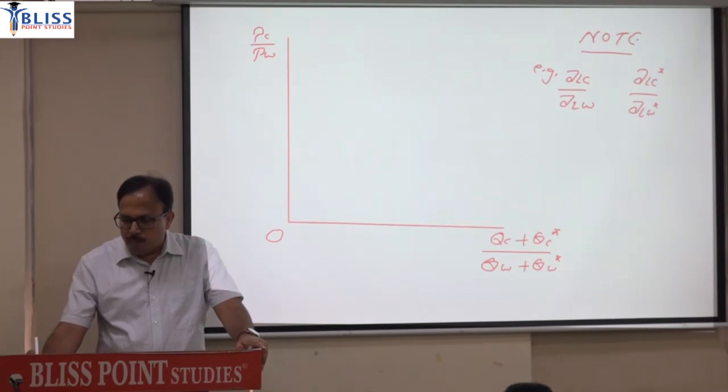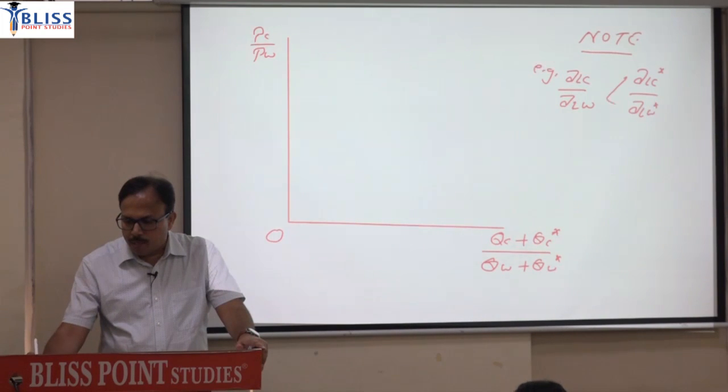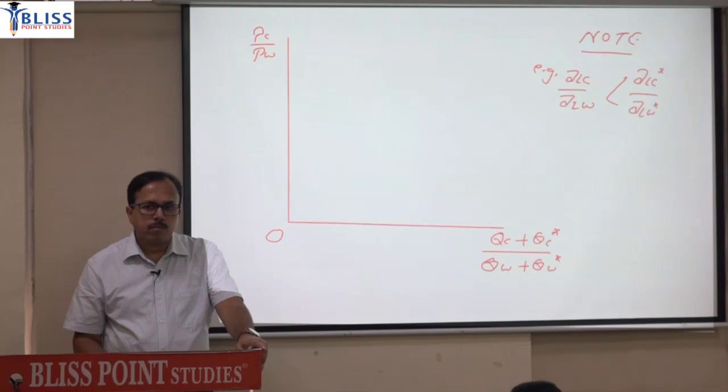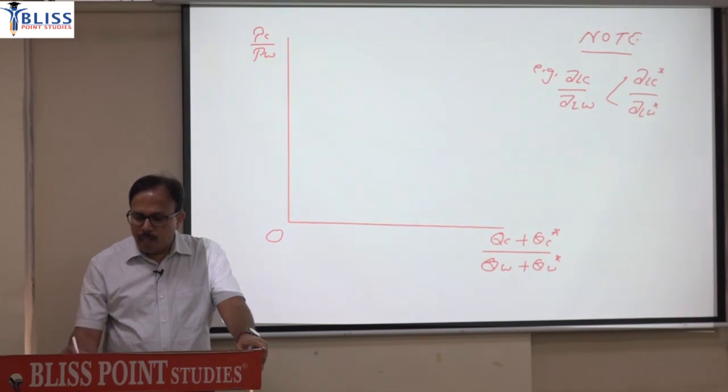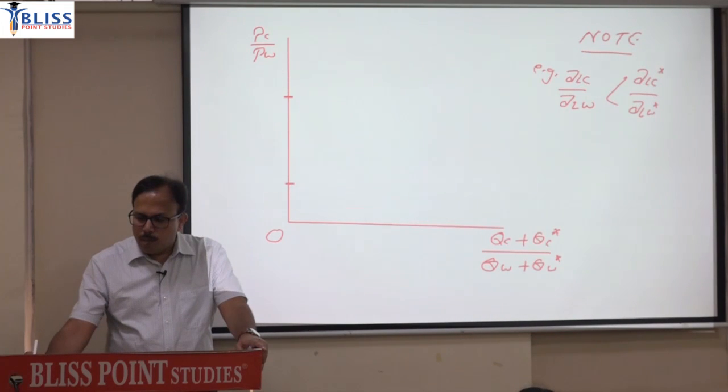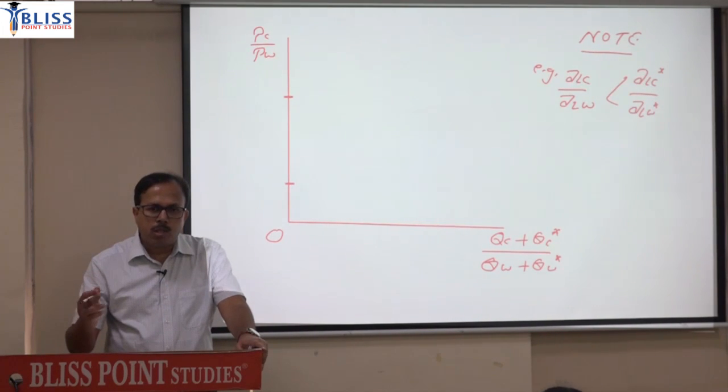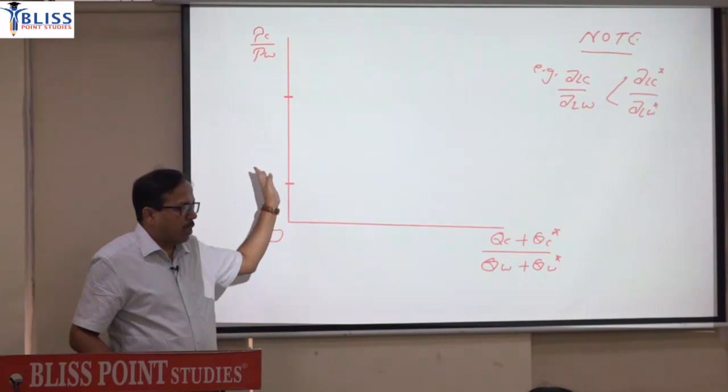I am taking a specific case, this value is greater. ठीक है, ओके. ग्रेटर ले रखा है तो ऑब्वियसली जो ALC by ALW की वैल्यू होगी वो ऊपर मार्क करेंगे, ALC upon ALW की वैल्यू यानी लोअर मार्क करेंगे. मतलब मैंने एक स्पेसिफिक एग्जांपल लिया है कि अपॉर्चुनिटी कॉस्ट ऑफ चीज़ इज लेस इन होम कंट्री एंड मोर इन दी फॉरेन कंट्री.